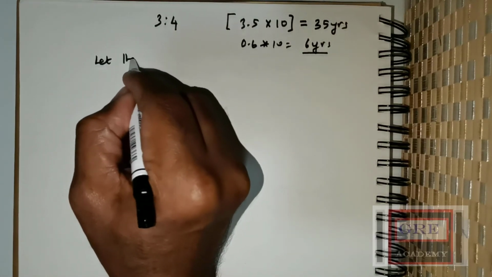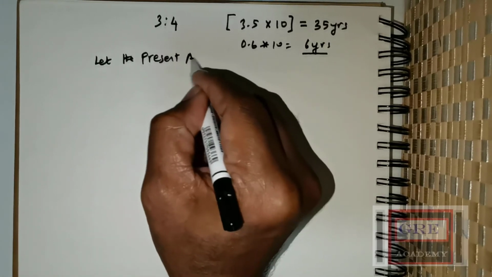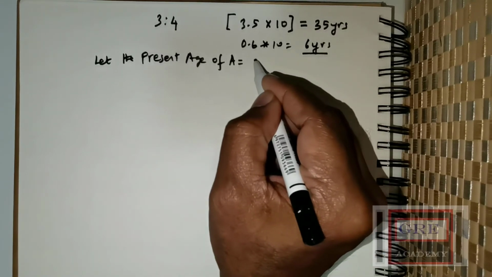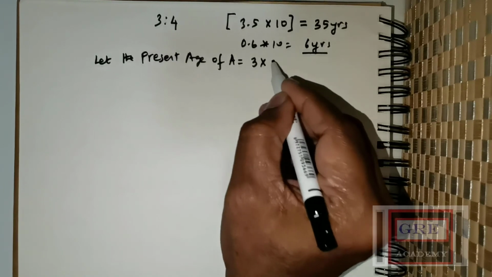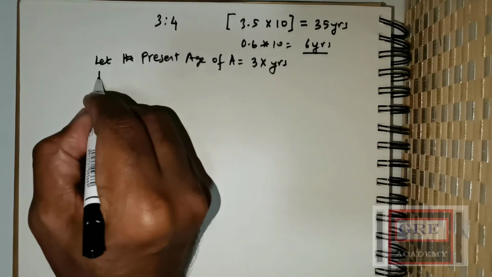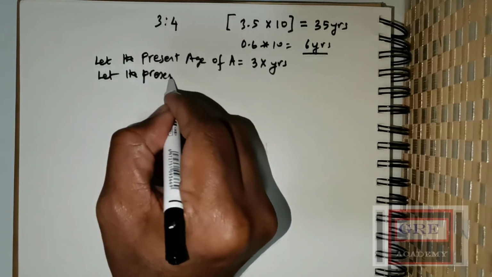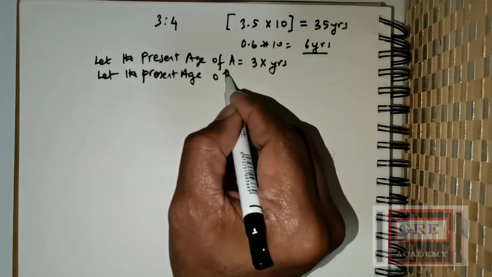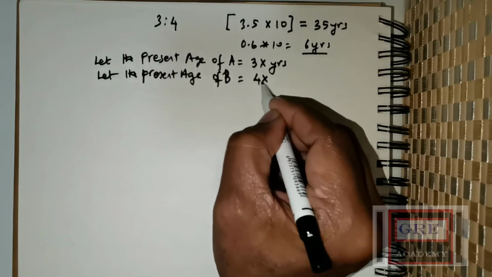Let the present age of A be, since it's 3:4, 3x years, and let the present age of B be equal to 4x years.